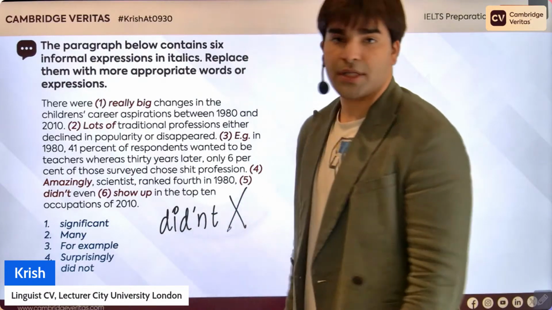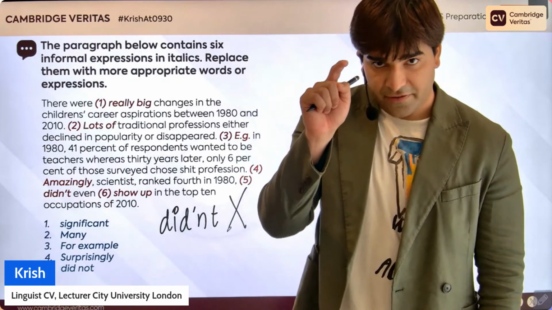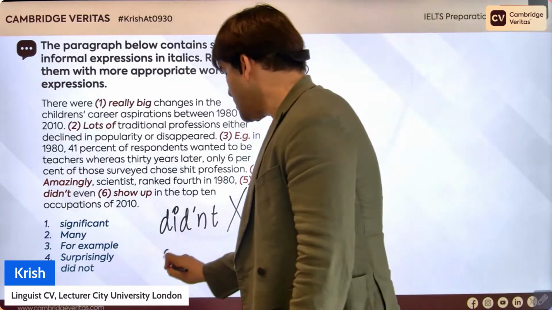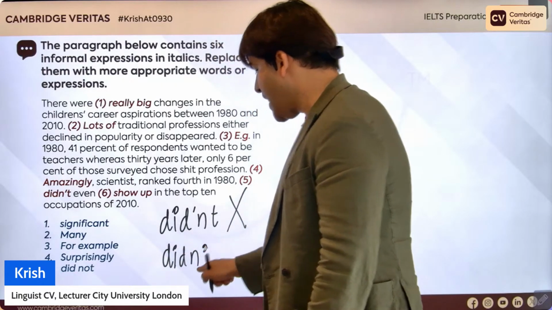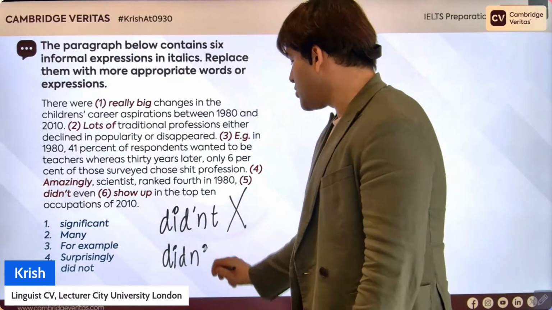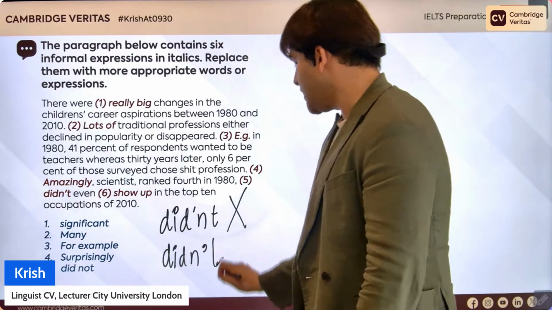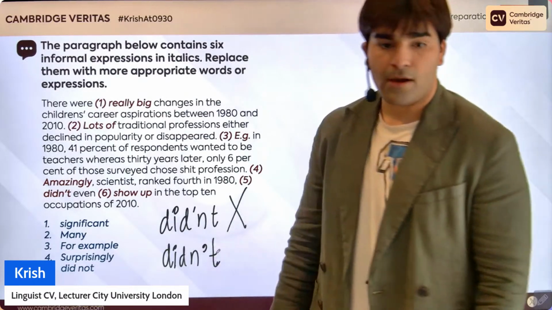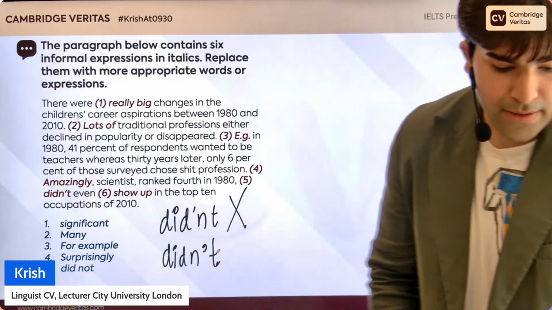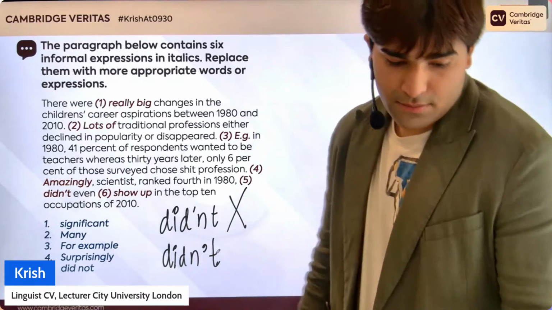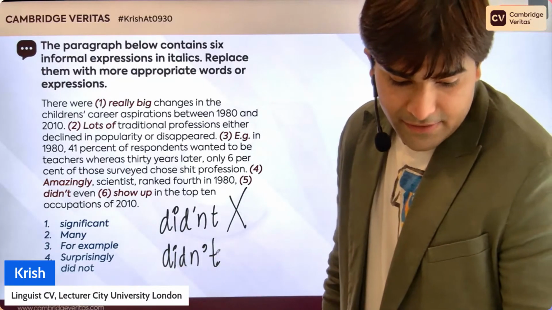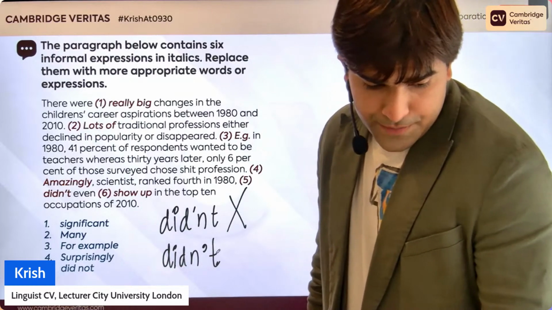Incorrect English. The apostrophe always comes after N, right before T. Okay? So remember that. Not that you have to use it, but this is just for you extra. I just wanted to highlight that because it's a very common issue.